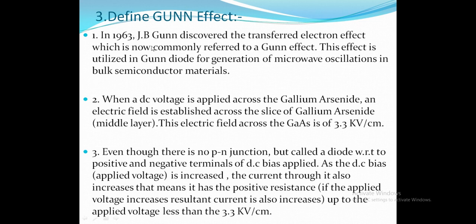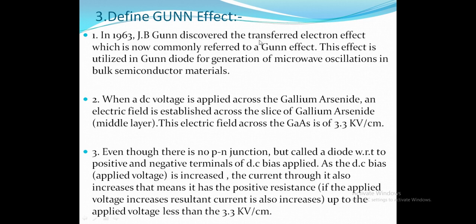Materials such as gallium arsenide or cadmium sulfide exhibit an interesting effect of conductivity known as the Gunn effect.